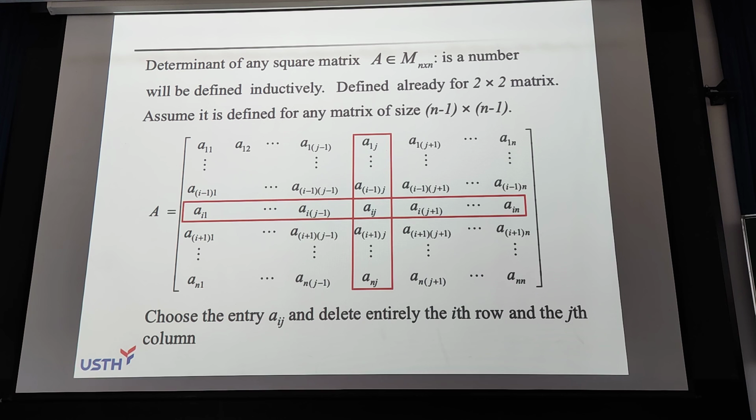So what is left? Còn lại cái gì ạ? What is left is a matrix of size n-1 by n-1. Một ma trận cỡ n nhân n, bây giờ tôi xóa đi một hàng, xóa đi một cột, cái còn lại là một ma trận cỡ n-1 nhân n-1, đúng chưa?